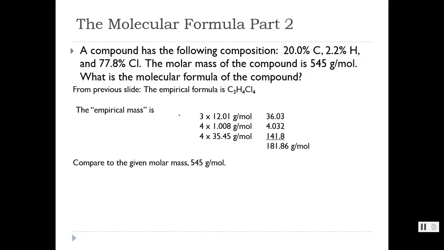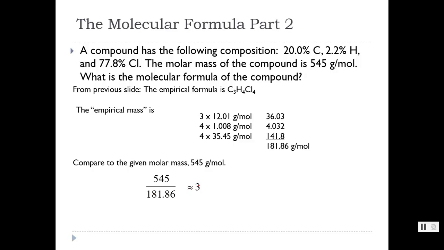Once we have that empirical mass, we can look at our given molar mass, which is 545, do the appropriate division, which is given molar mass divided by the empirical mass, and that essentially gives us the whole number 3. You should always get whole numbers when doing this division.